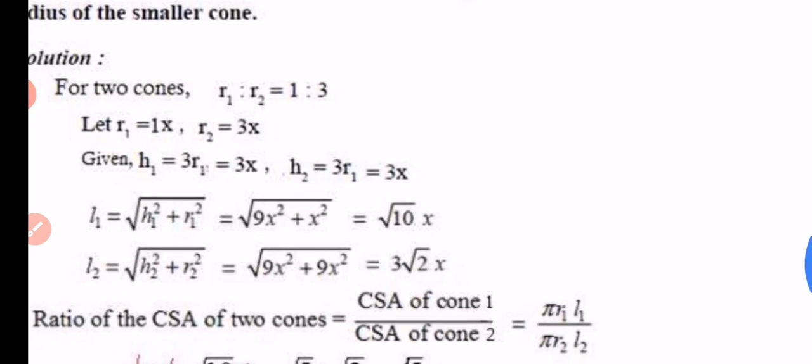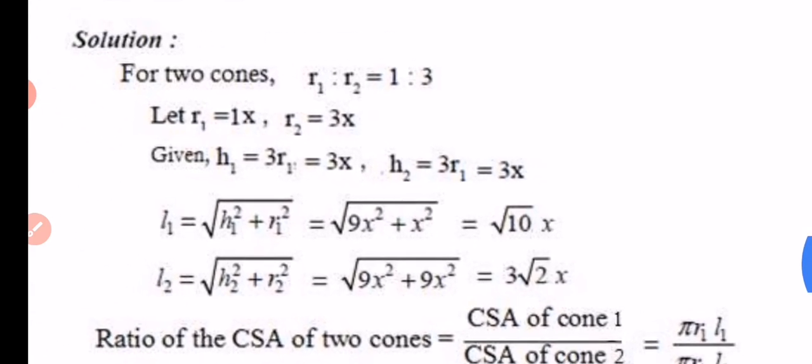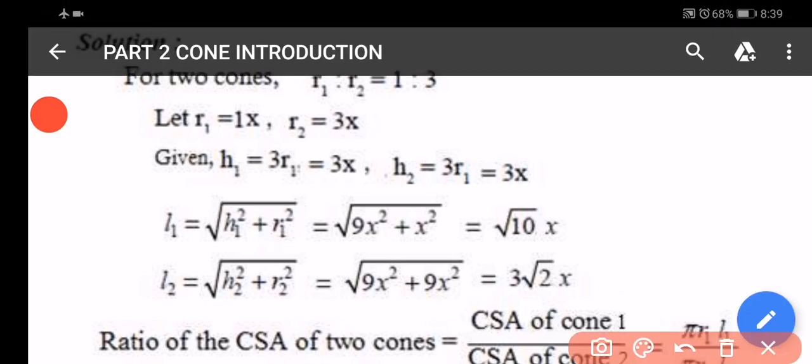So now the answer is, for two cones r1 is to r2 is equal to 1:3, and r1 equal to 1x and r2 equal to 3x.